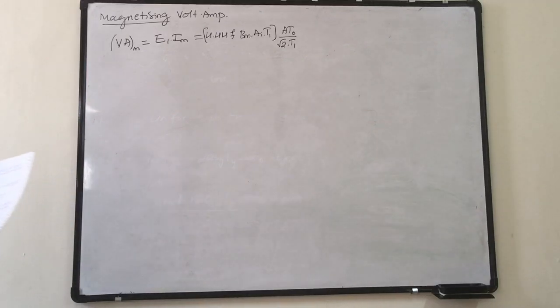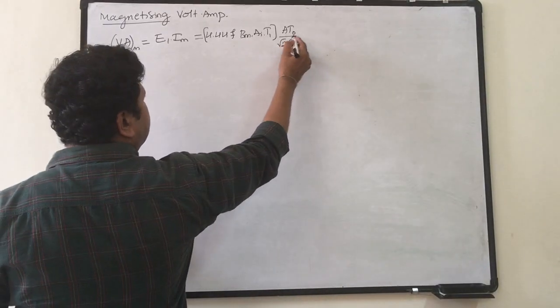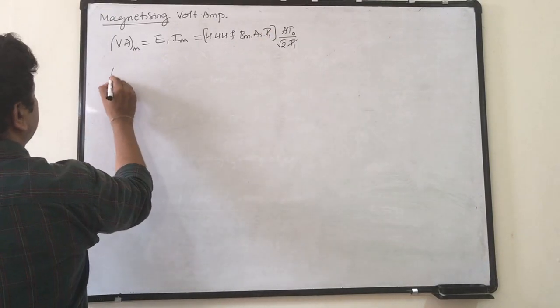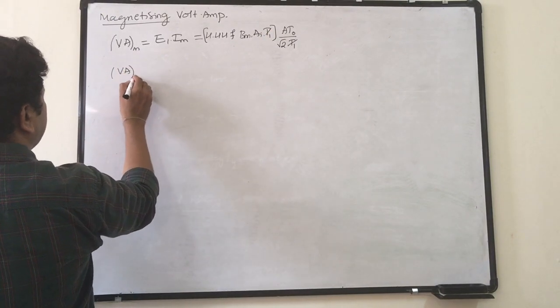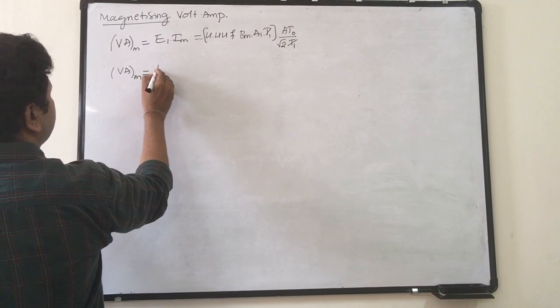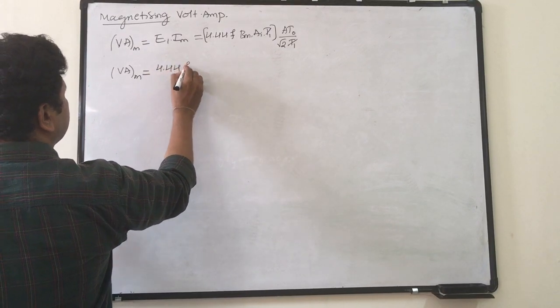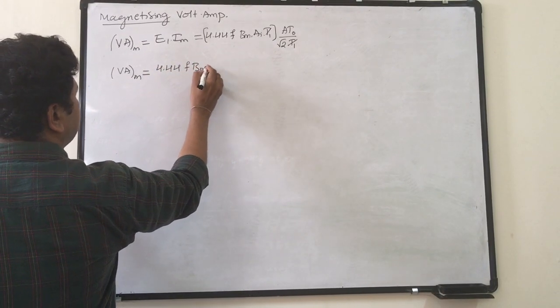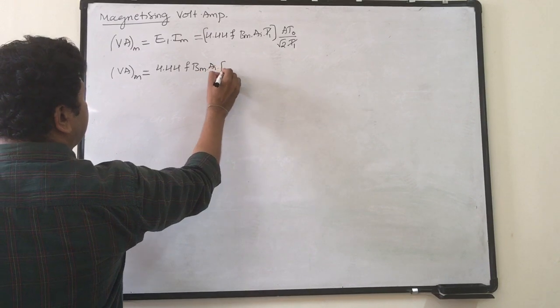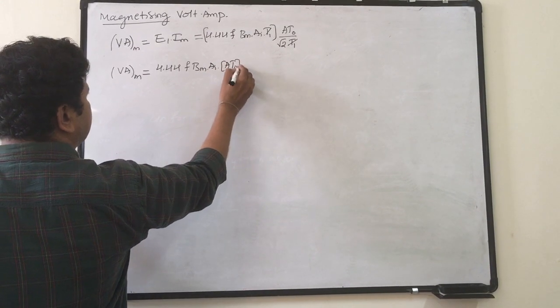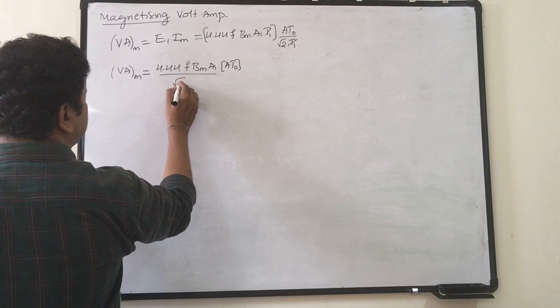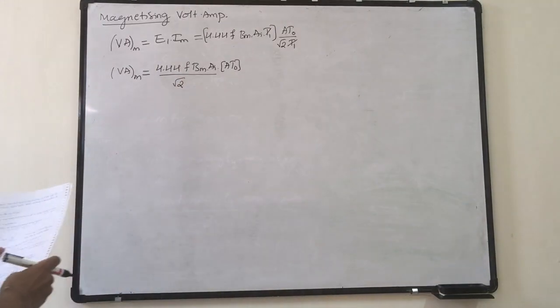So my T1 and T1 will get cancelled. So volt amperes magnetizing is equal to 4.44 F Bm Ai into AT0 divided by root 2.